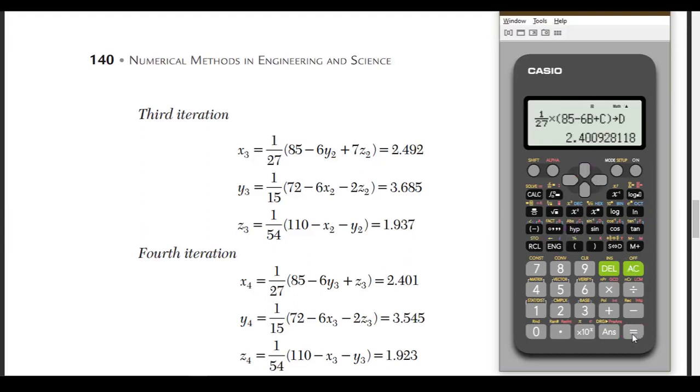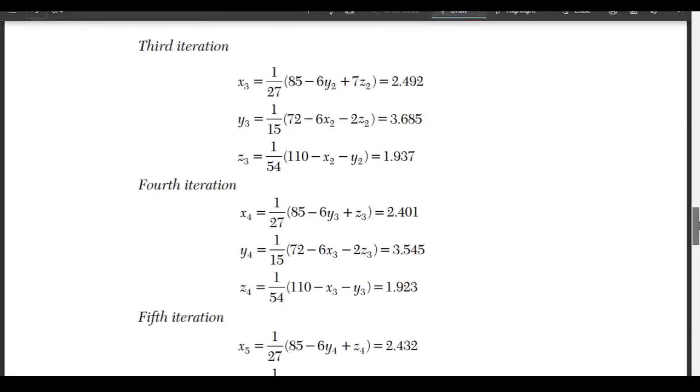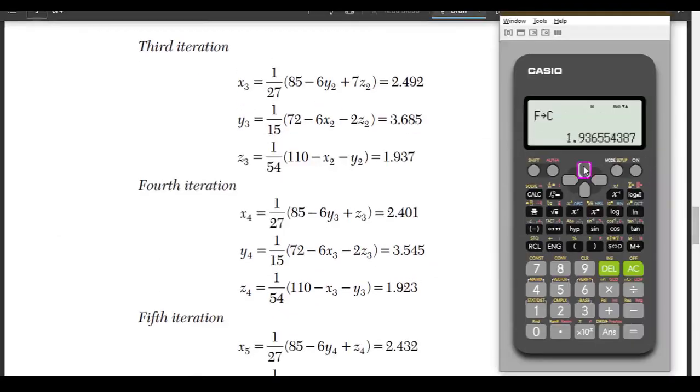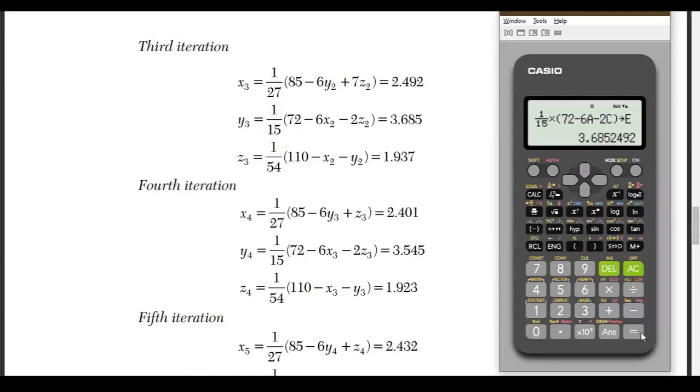This is the 4th iteration. You got the 4th iteration value. Similarly, again go to history, press equal to, you got the 4th iteration of y4. Again go to history, press equal to, you got z4.